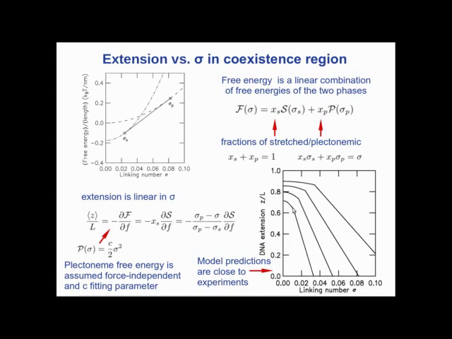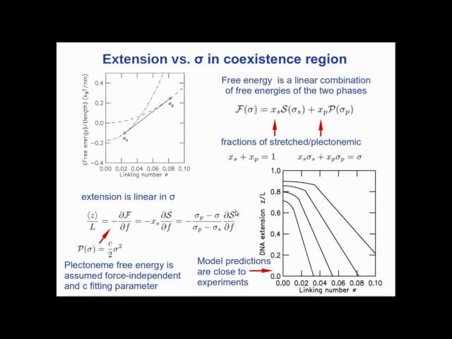That is the straight phase, from here to here. The extension has a constant value at sigma equal to 0, and then depends on sigma squared with a negative curvature.